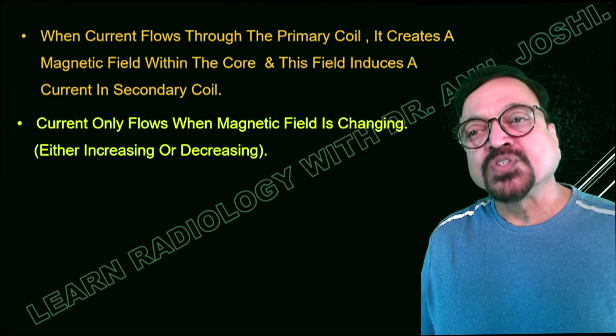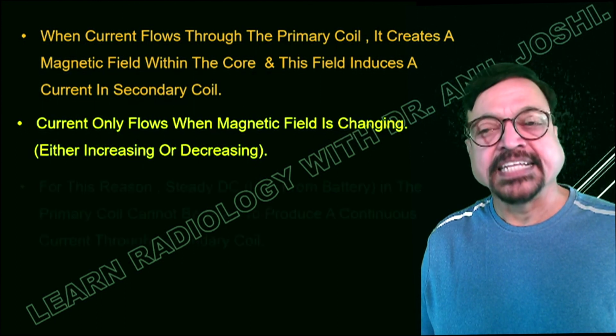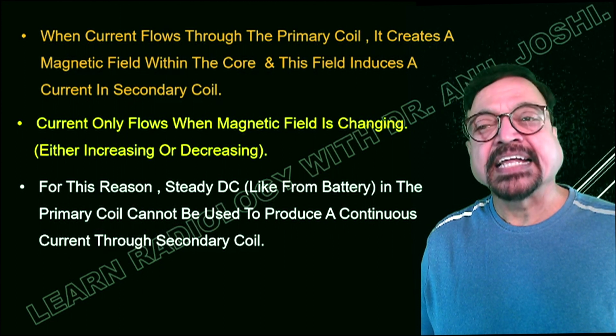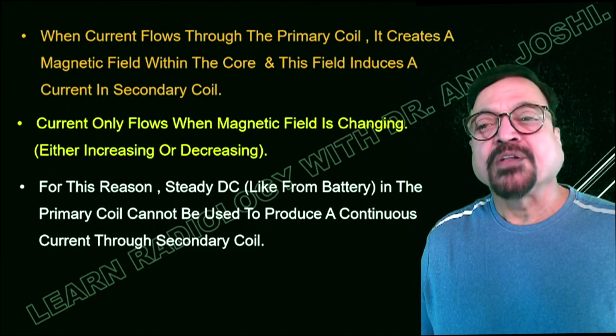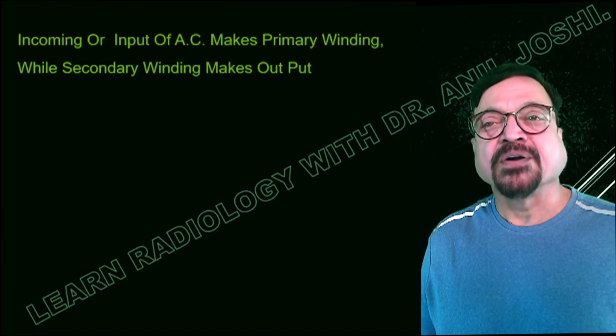Current only flows when the magnetic field is changing, either increasing or decreasing. For this reason, a steady current like direct current, DC, from a battery in the primary coil cannot be used to produce a continuous current through the secondary coil.